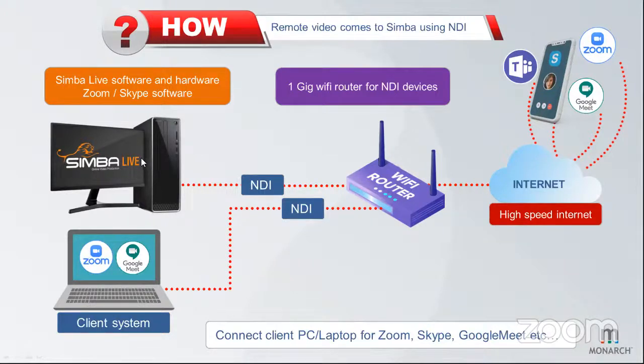For example, you are taking all these mobile and guest camera inputs in Simba, you are doing all the mixing, and if you want to stream this output to Zoom or Google Meet, you can do it using the client system. The client system will automatically relieve some load from your PC, and it can take all the workflow of streaming your output onto the platforms.